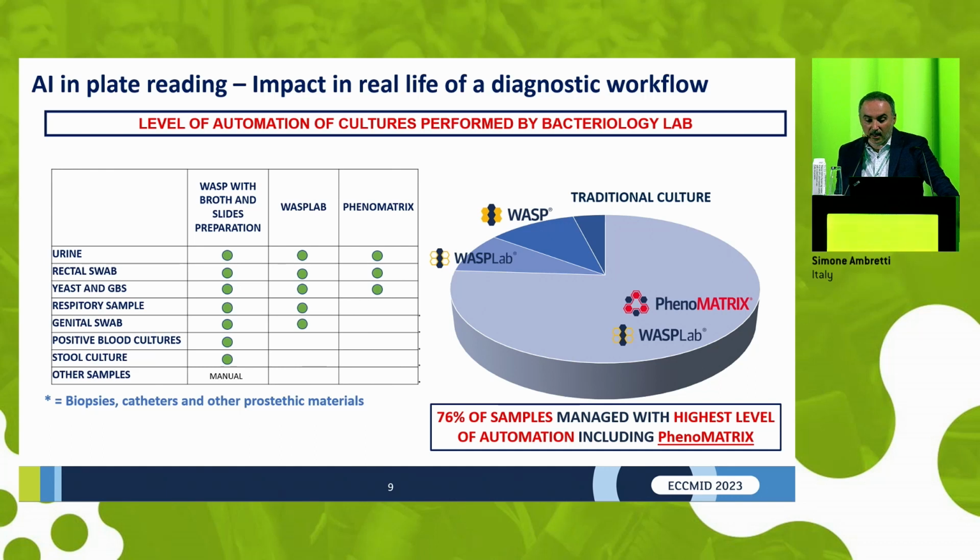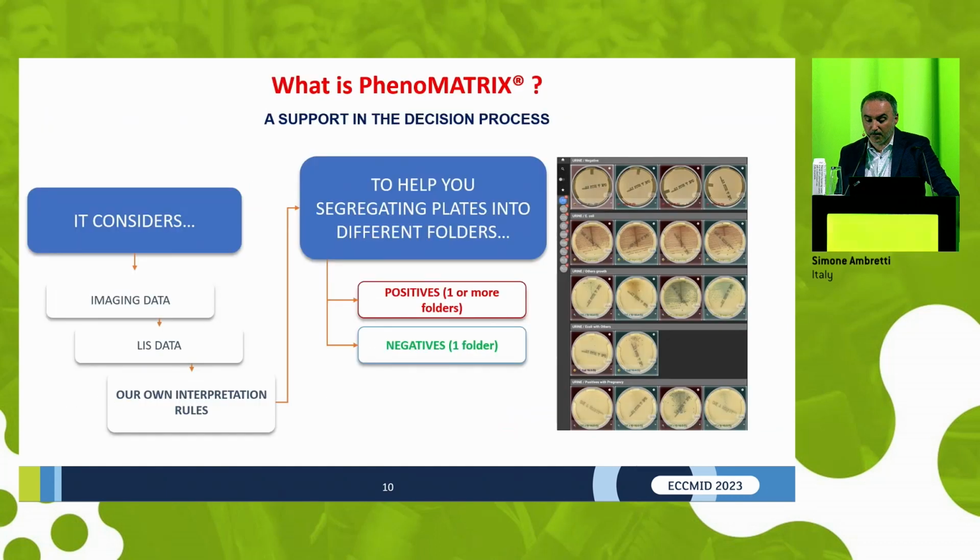While for the vast majority of cultural samples, we are using different levels of lab automation, ranging from automation of streaking and slide preparation to the highest levels of automation represented by total automation, including interpretation of plate reading supported by Phenomatrix application.